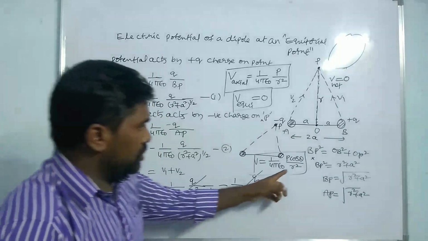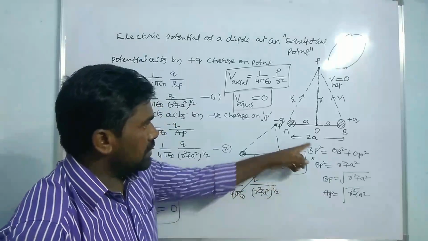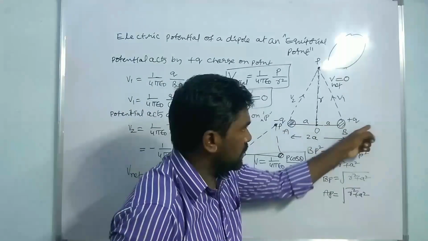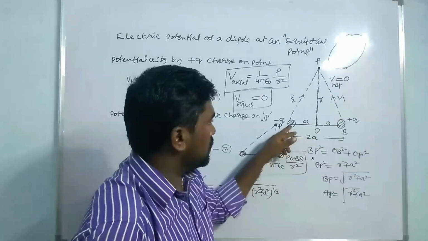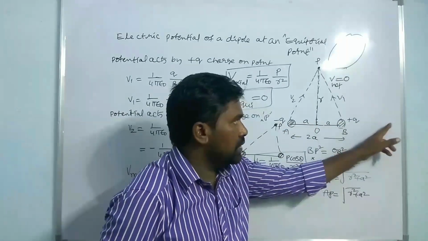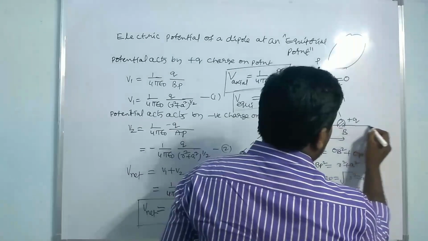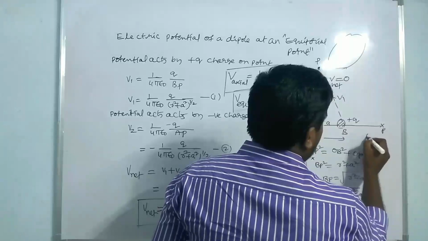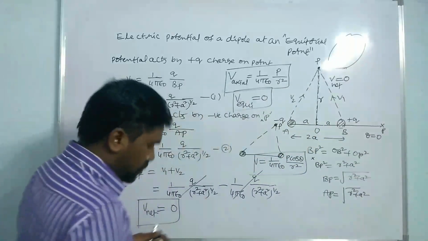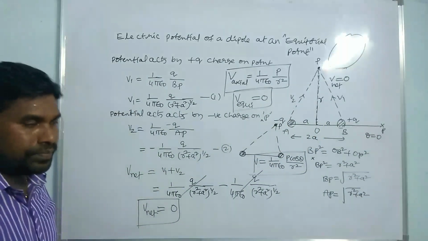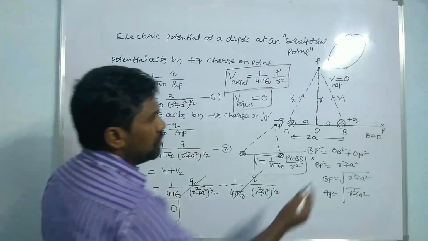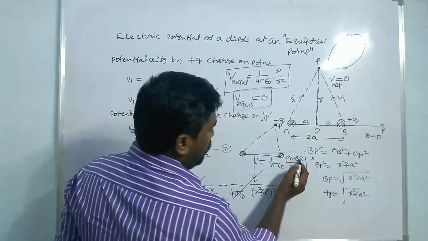From this we can say that if it is an axial line, the theta will be 0, because there is no angle. If point P is on an axial line, theta is equal to 0, then cos 0 is equal to 1.